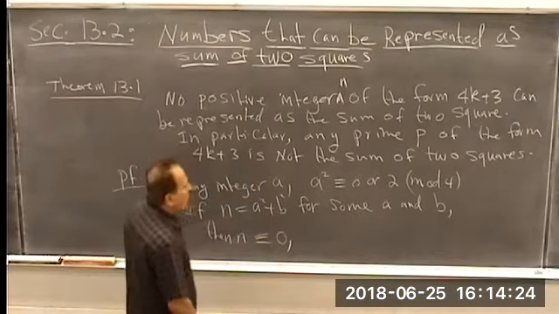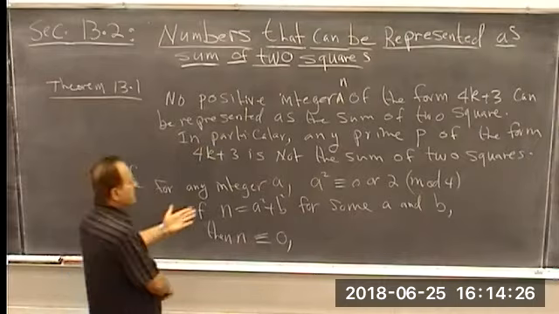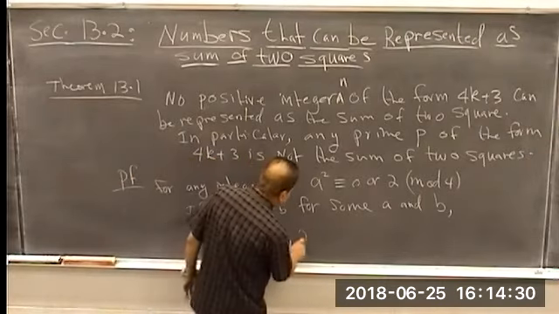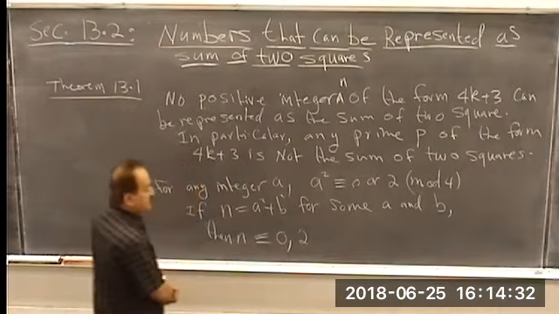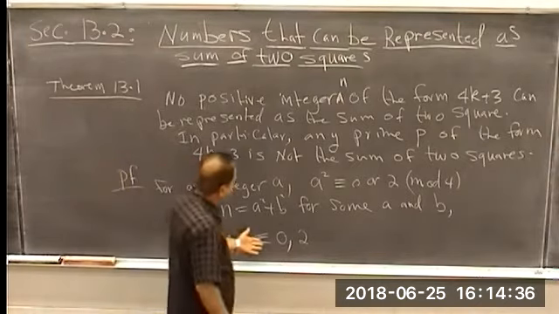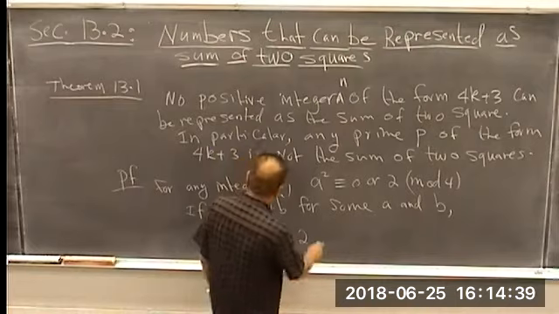Or if one is 0, then the other is 1, then it's going to be 1. And there's no other way than this one. So this is either 0 or 1 or 2 mod 4.